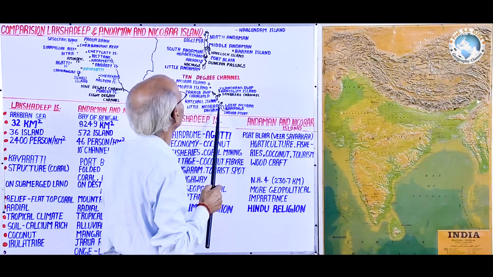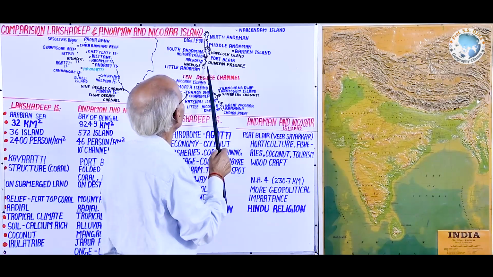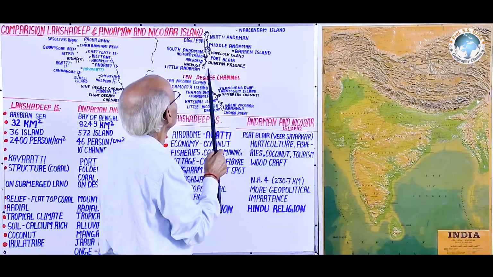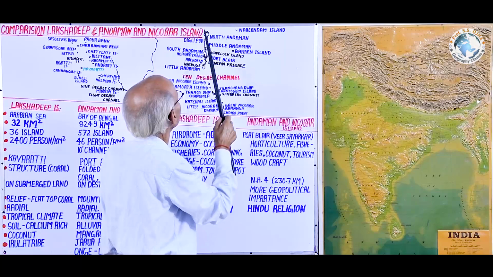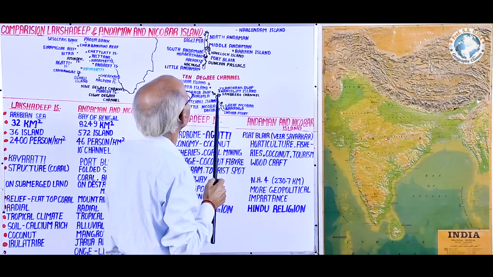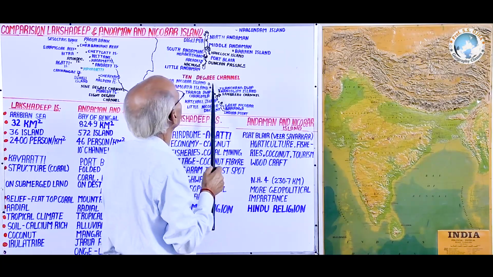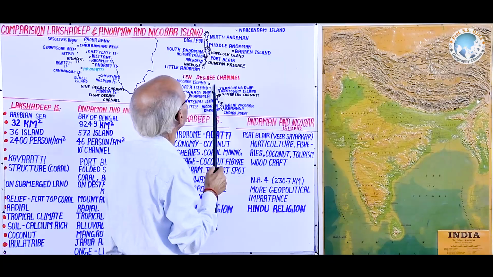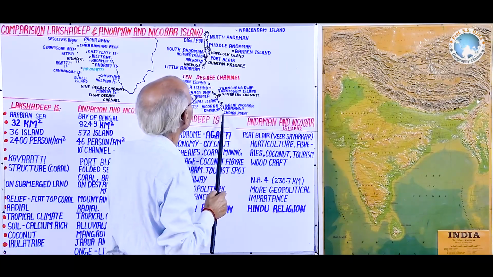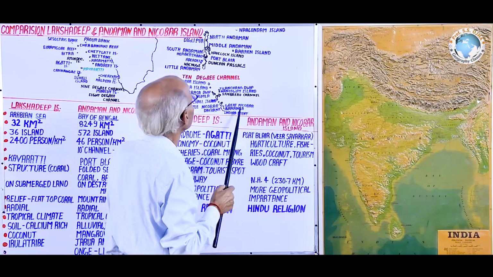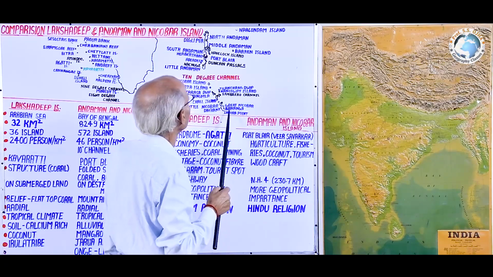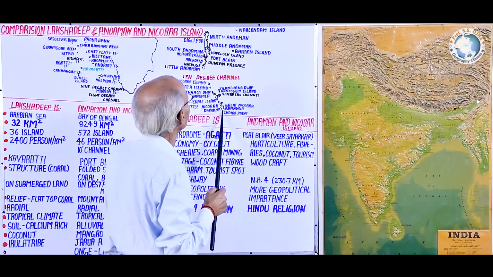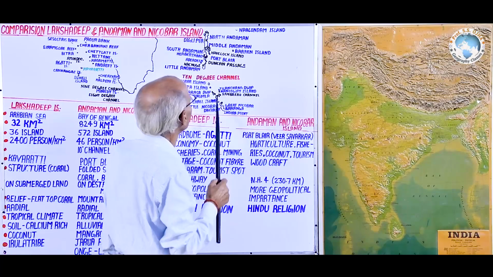You are observing that the size of islands in the Andaman group increases from south to north. Contrary to it, the size of the Nicobar Islands increases from north to south, because Great Nicobar is located at the southernmost point of the Nicobar.